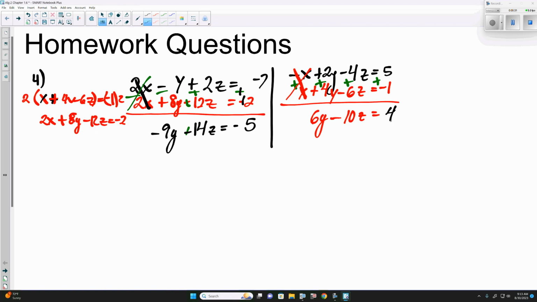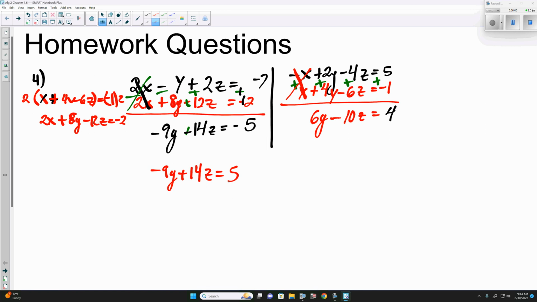Now at this point, we need to pick one of the other two variables to eliminate. Looking between these two, we can pick between y and x. I'm going to just do y. Eliminate y next. To do this, we're going to have to multiply both equations by something to get them to be the same.